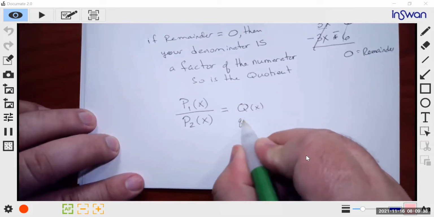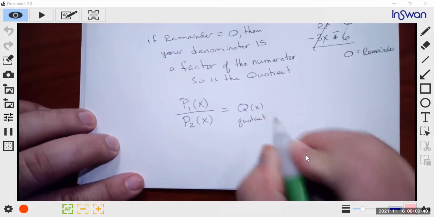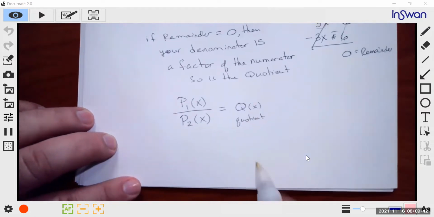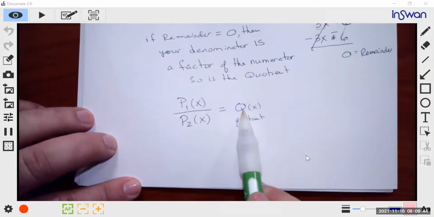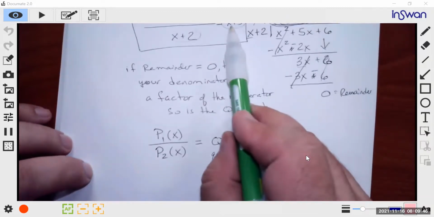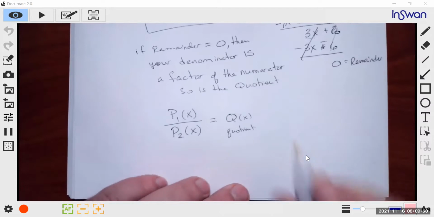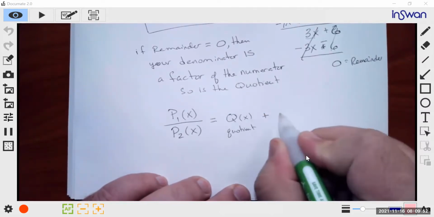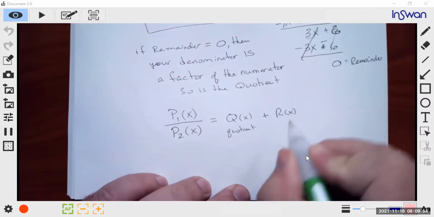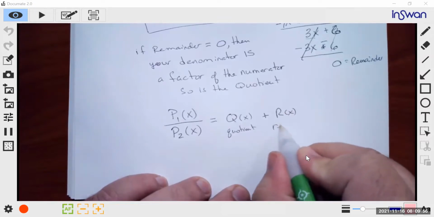The quotient, and remember, I put this as a function because notice the answer is a function of x, plus r of x, which is your remainder.